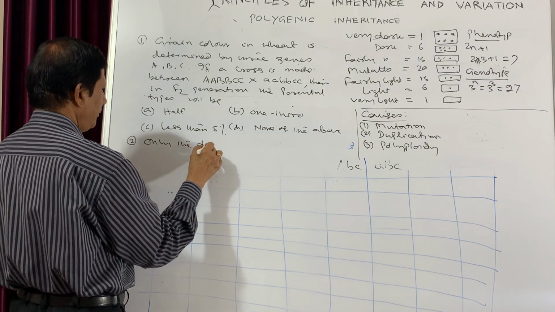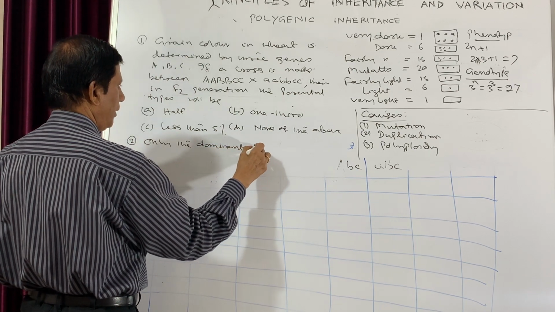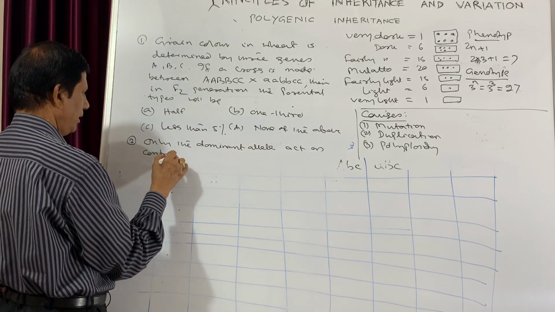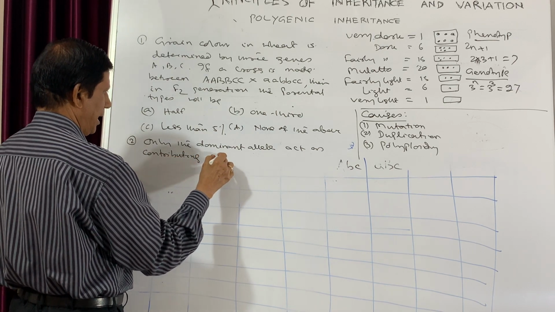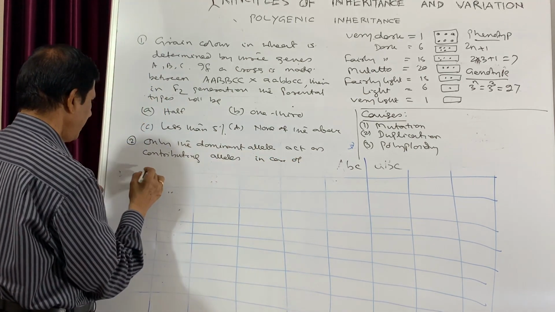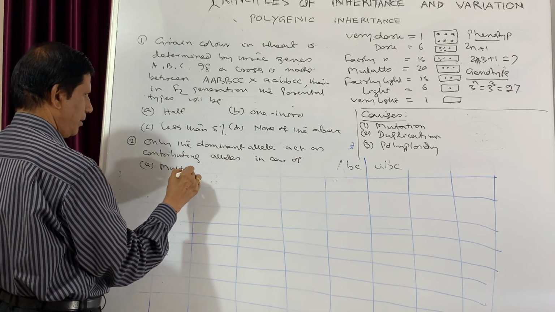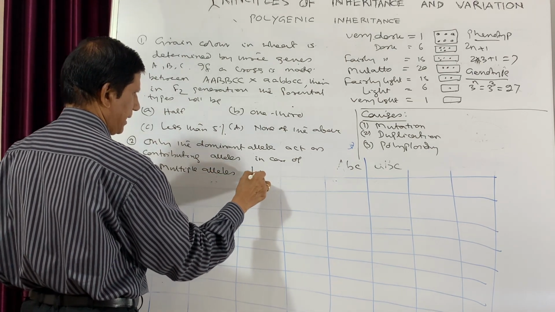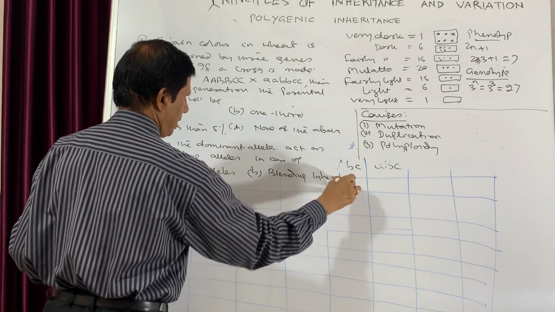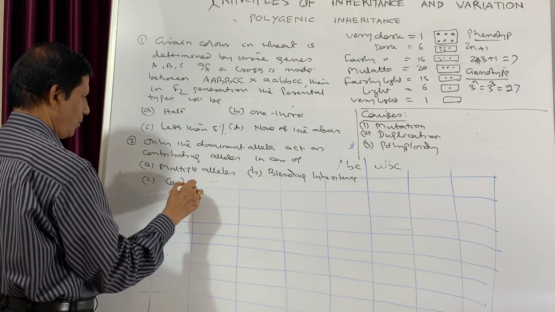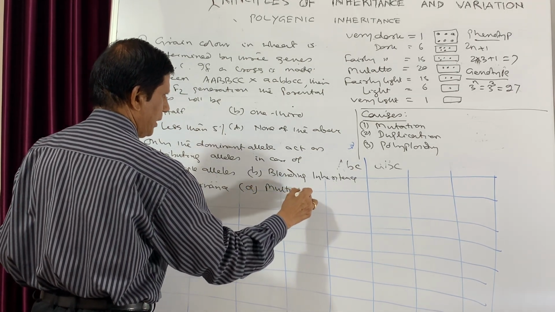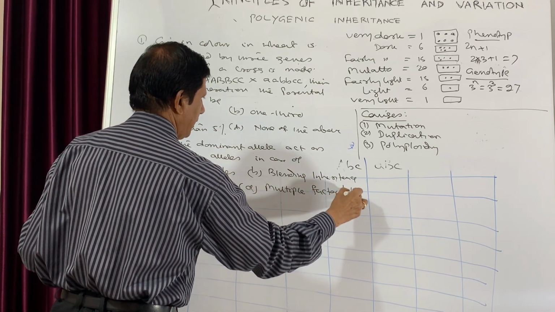Only the dominant allele acts as contributing alleles in case of: first choice, multiple alleles; second choice, blending inheritance; third choice, codominance; and fourth choice, multiple factor inheritance.